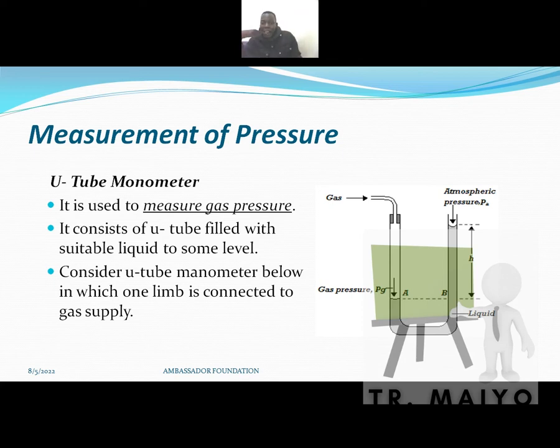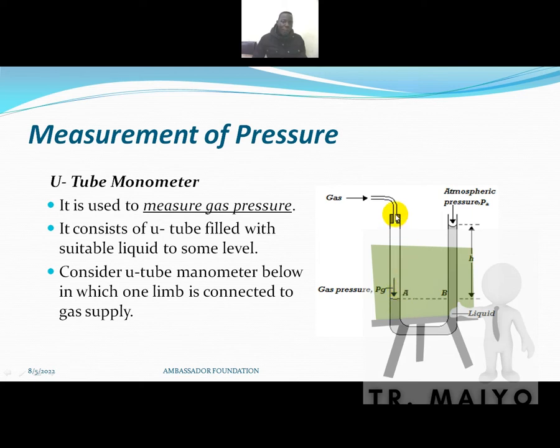Look at this. For example, a U-tube manometer is used to measure the pressure of a gas, and this is the gas in this diagram now. Before the gas is connected to this U-tube manometer, the height levels of A and B were equal. But now after being connected, the height on one side is greater than the other side. So the gas has pushed the liquid, whether it's mercury or water, to rise at a given height above the other arm.